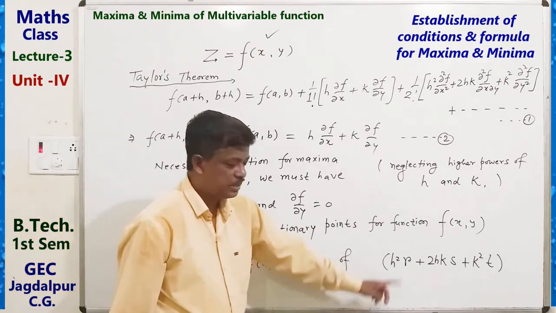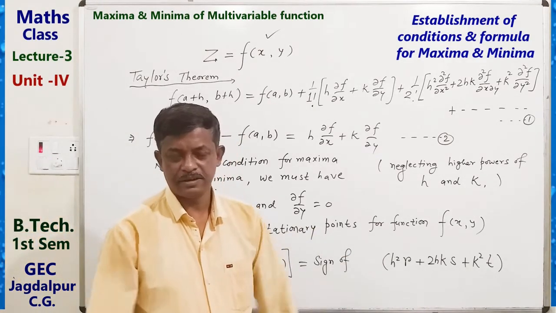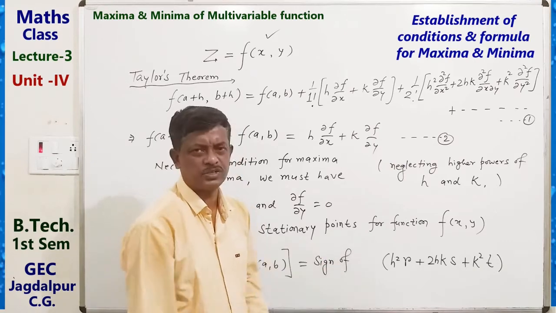So this quantity can be adjusted by making a perfect square.